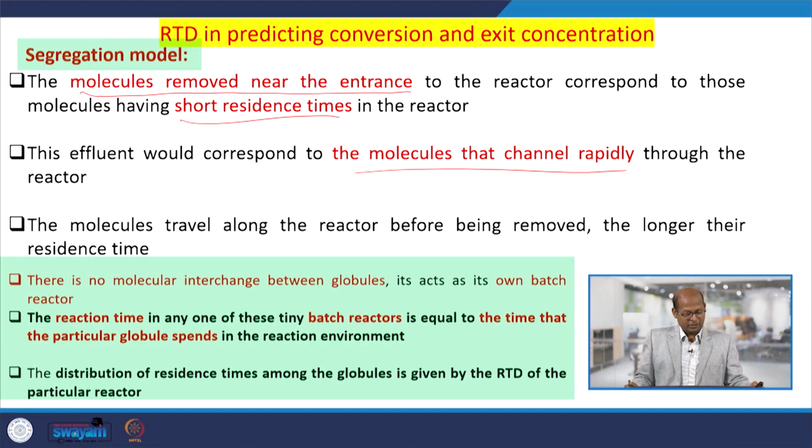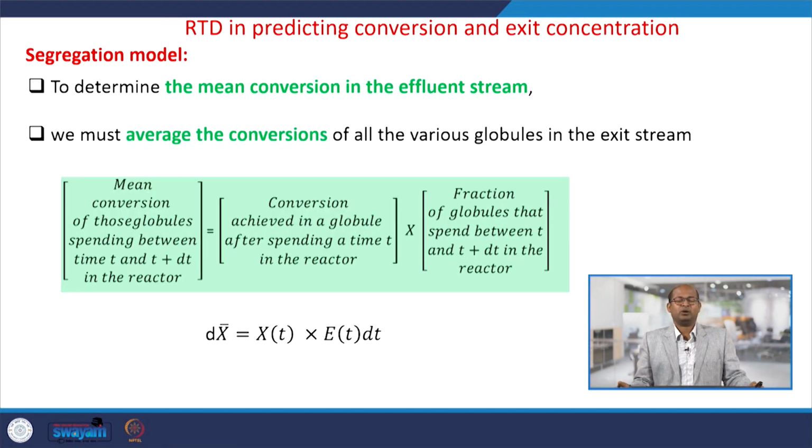Now, based on these assumptions, if we want to measure the concentrations at the exit outlet and find the conversion, then we can get the average concentration of the effluent stream or the mean conversion.